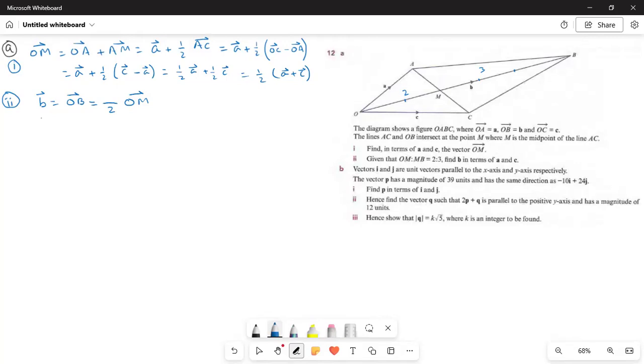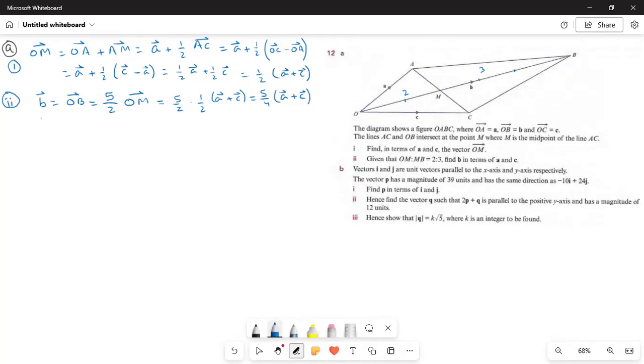So that will give me the B vector, the OB vector. Does it make sense or not? Okay, now this is easy. 5 by 2, and OM we have already found as 1 by 2 times A plus C. So it will give us 5 by 4 times A plus C. Easy. This is my part 2.